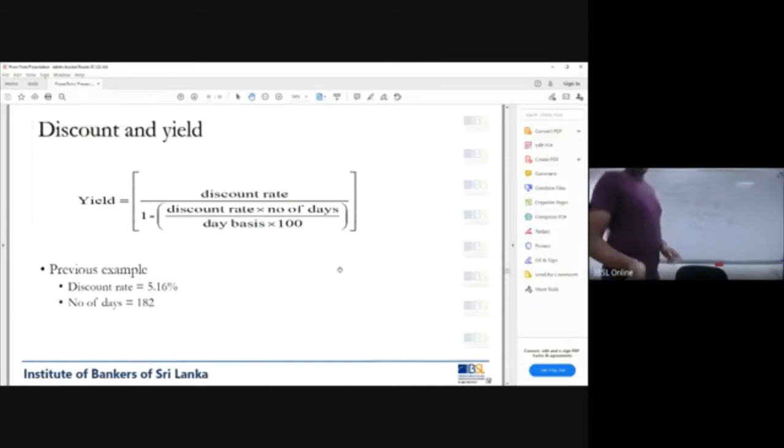So you don't have to memorize this equation. If the yield is 5.31%, let's calculate discount.